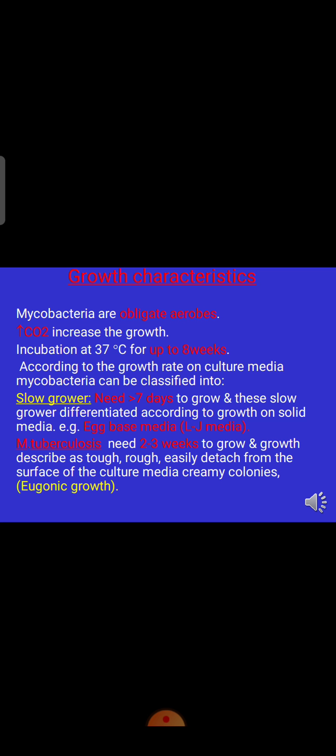Mycobacterium tuberculosis needs 2 to 3 weeks to grow on solid media, and its growth is described as eugenic growth: rough surface, hard, tough, creamy color, easily detached from the surface of the media, and difficult to emulsify. All these characters are described as eugenic growth of Mycobacterium tuberculosis.